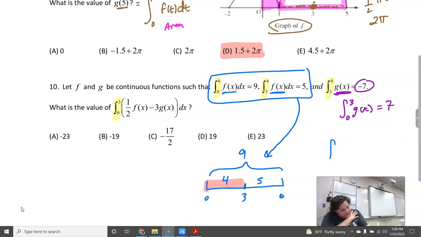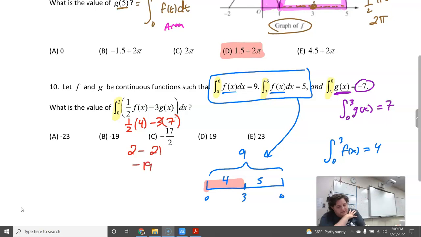So the integral from 0 to 3 of f of x is 4. Now I could go over and do this because they're both an integral of 0 to 3. And so it's literally as simple as going 1/2 times 4 minus 3 times 7. So that's 2 minus 21 is -19. So it's going to be B. All right. Cool. That one wasn't too bad.